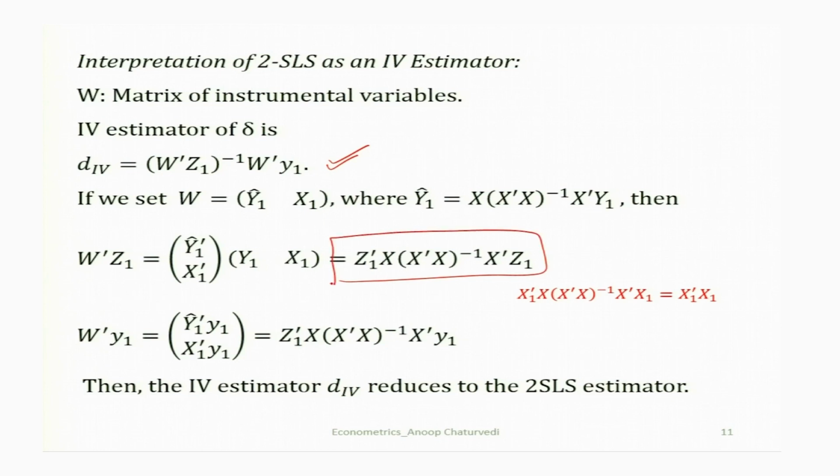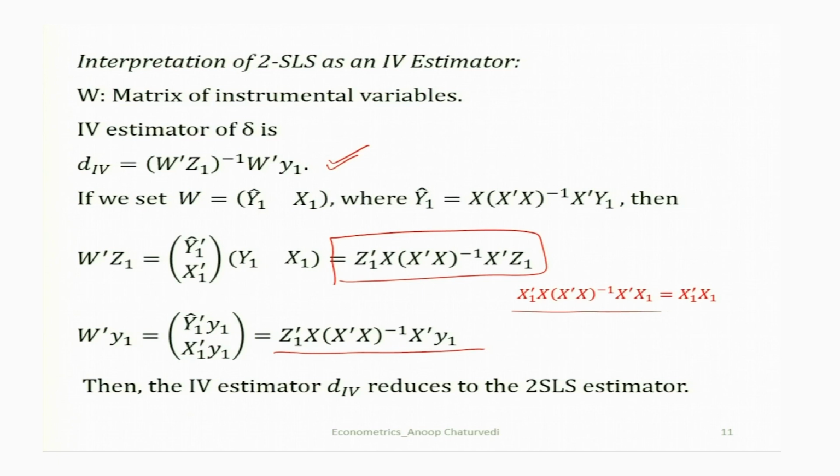So, W transpose Z1 is this. Then W transpose y1 is equal to, again, Y1 hat transpose y1 and X1 transpose y1. Then we substitute the value of Y1 hat here and also make use of this result, and finally you obtain this expression.